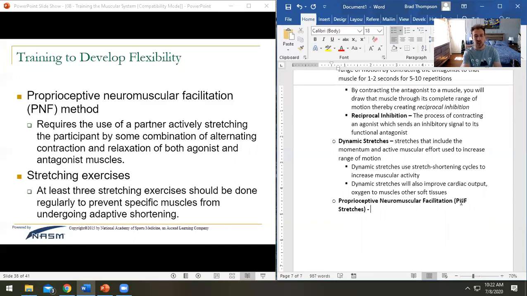And these are stretches that typically require a partner to actively stretch a participant by some combination of alternating contraction and relaxation of both agonist and antagonist muscles.